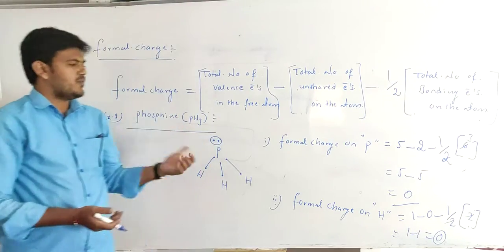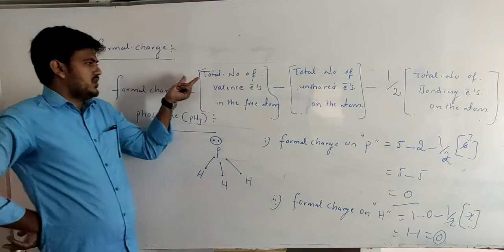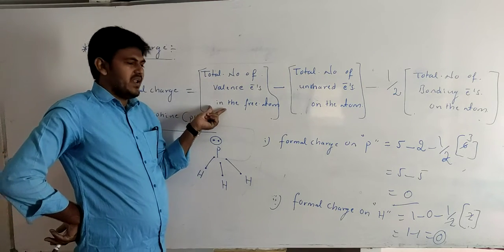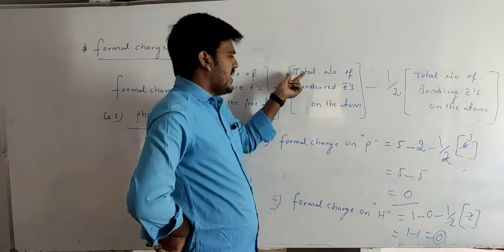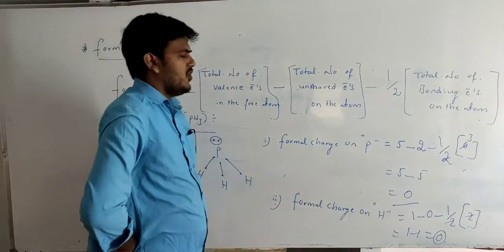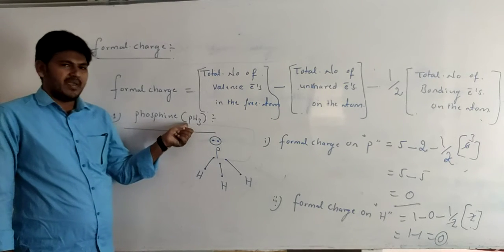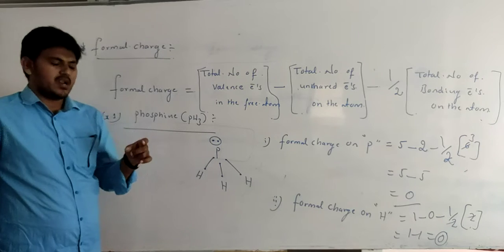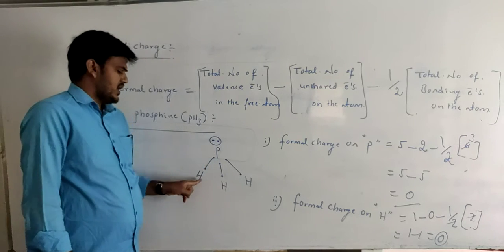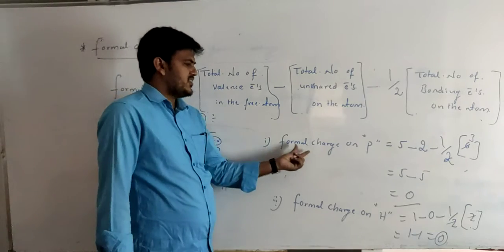So this is formal charge. Clear? First of all, the formal charge principle: the total number of valence electrons in the free atom, minus the total number of unshared electrons on the atom, minus half into the total number of bonding electrons on the atom. Example 1, phosphine. The formula of phosphine is PH3. So, the Lewis dot structure of phosphine: the central atom is phosphorus, with 3 hydrogen atoms. First, formal charge on phosphorus.